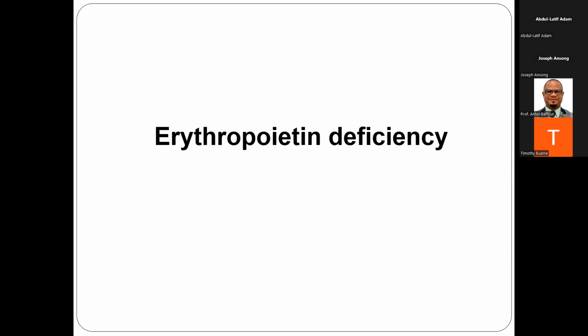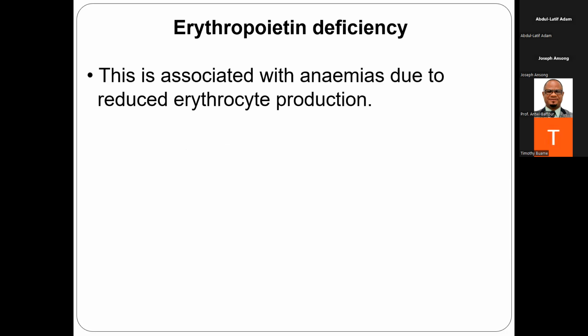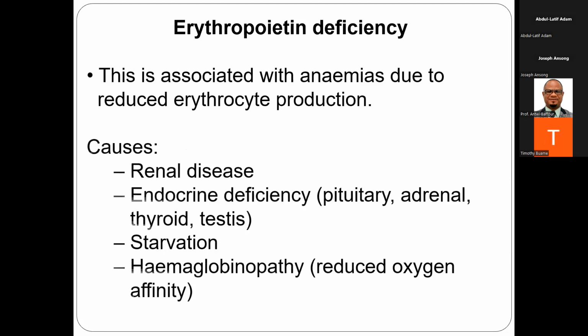Now let's look at deficiencies. Hormone required for red cell development is erythropoietin. If the kidney is damaged, it will not be produced. Then you have endocrine deficiency.